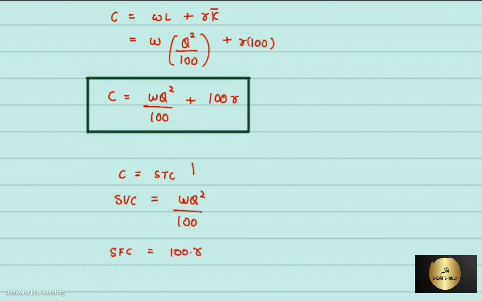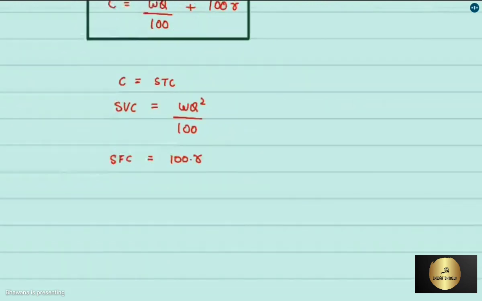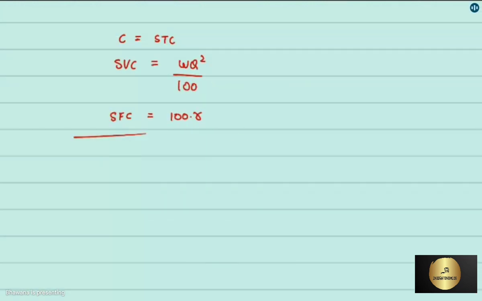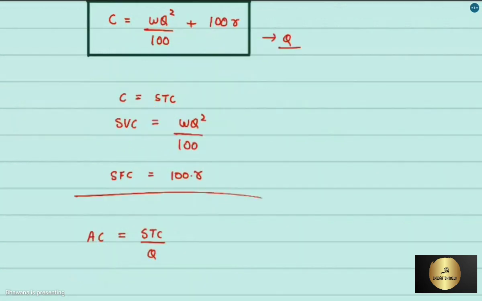And when you have these functions, you can easily derive your total functions. Now, if you solve it for average variables, then your average cost is equal to total cost STC divided by Q. So you need to divide this whole term by Q to get average cost.